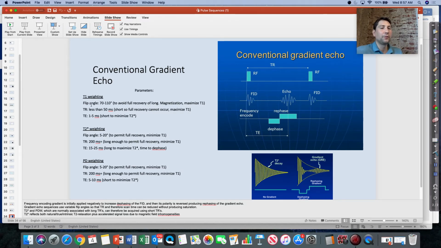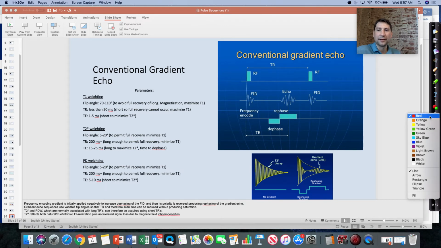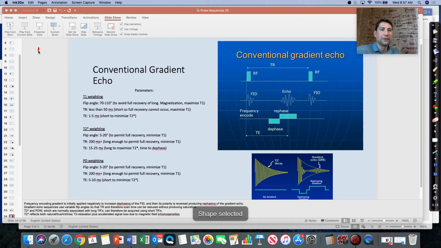So with T1 weighted, we want to avoid full recovery of our longitudinal magnetization. So let's draw that out again. Our T1 curve looks something like this, where we have fat recovering very fast.